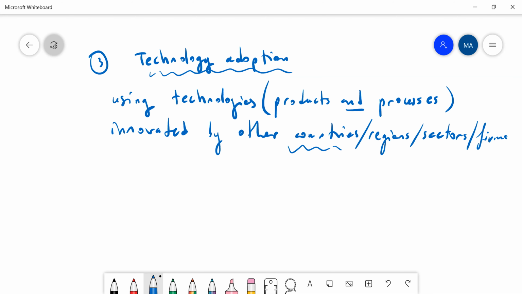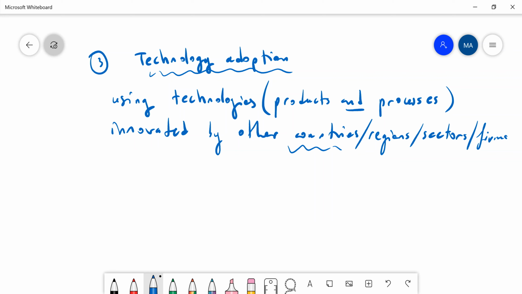So we understand that there is an innovator country or a number of countries that are already innovating new technologies through product innovation or process innovation. And in time, our country, the country of interest, the firms in this particular country, they try to adopt these foreign technologies or frontier technologies, okay?